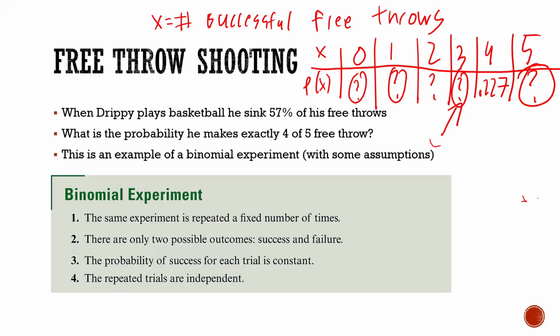Fixed number of trials, so 5, for example. Only 2 possible outcomes, success and failure. Sometimes, just remember that that's defined more broadly. As long as the 2 outcomes have specific probabilities, it's okay.